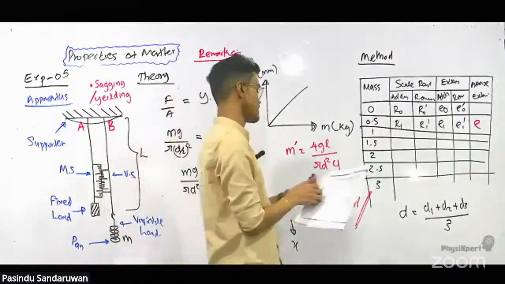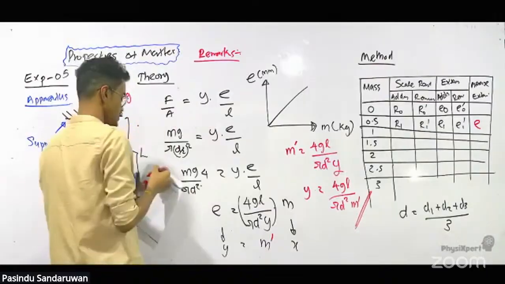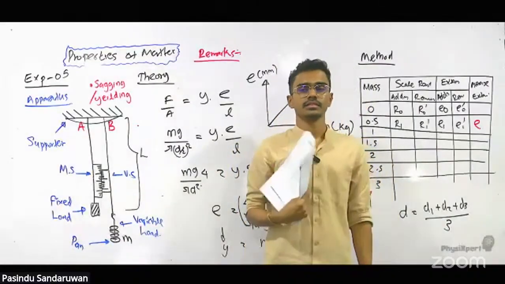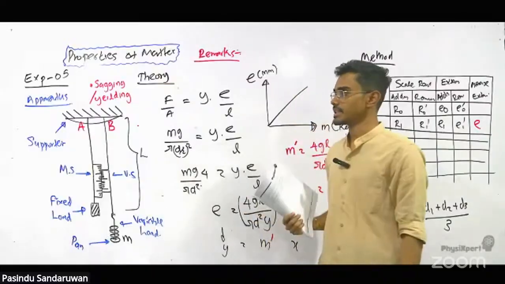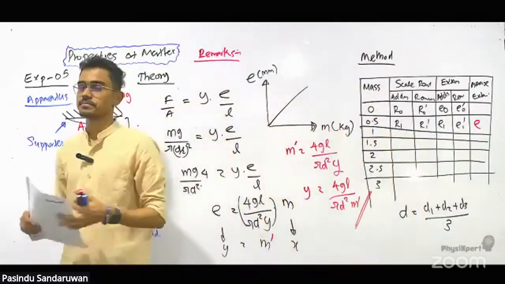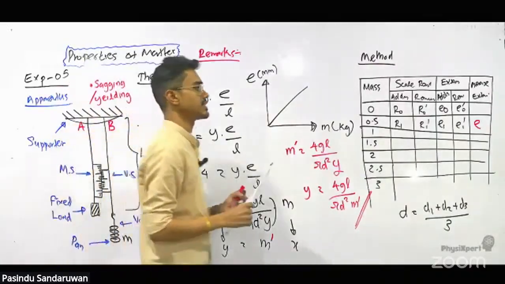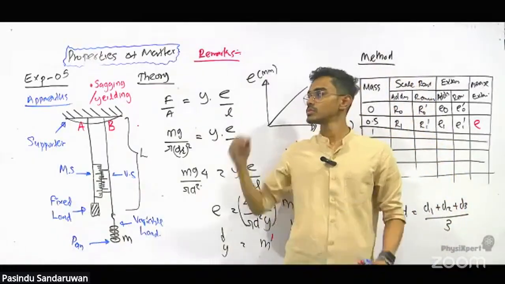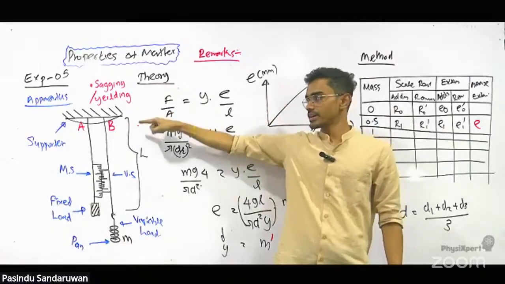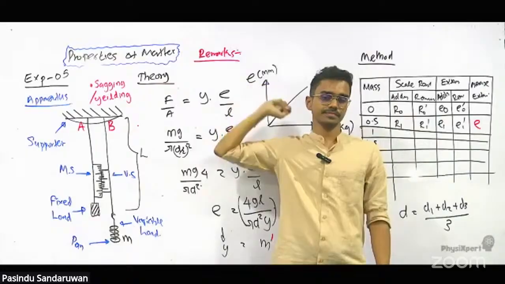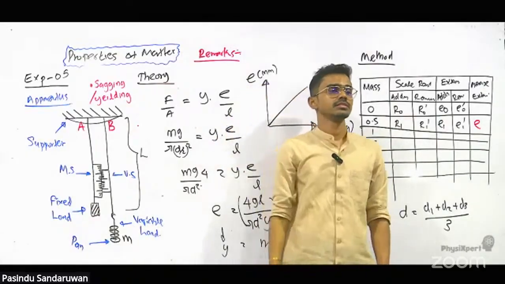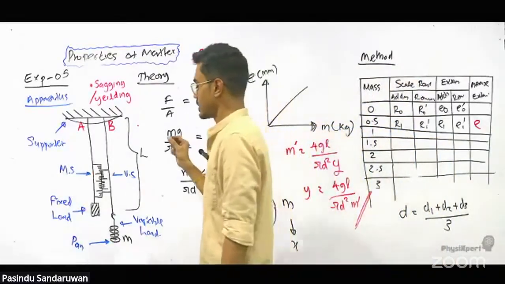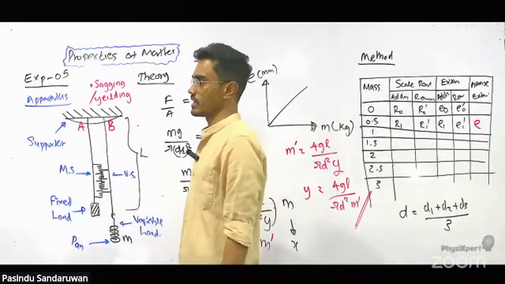Right. First one, mention one by one. If there are errors here, first, any slip or displacement at connecting points of wires and scales.